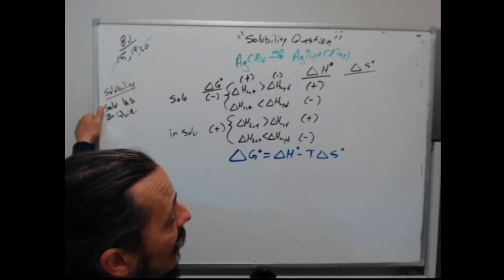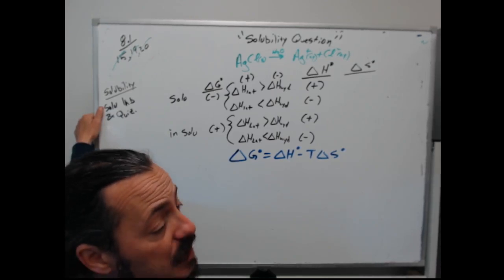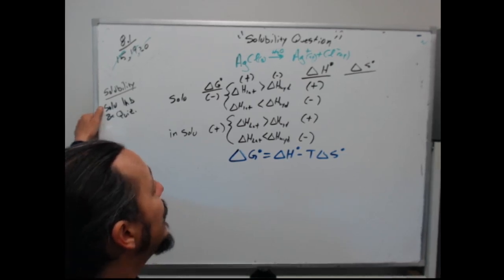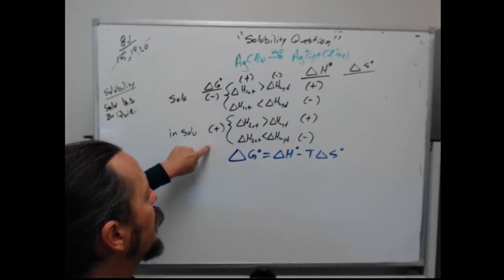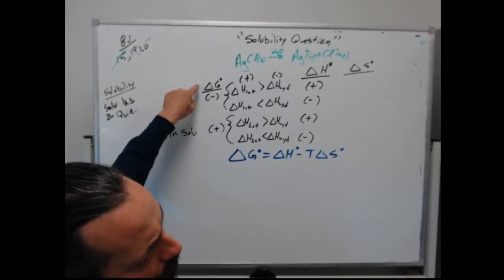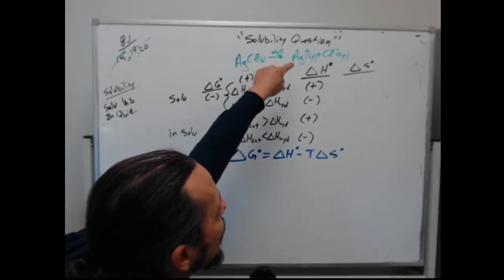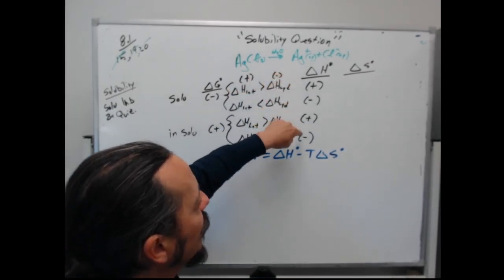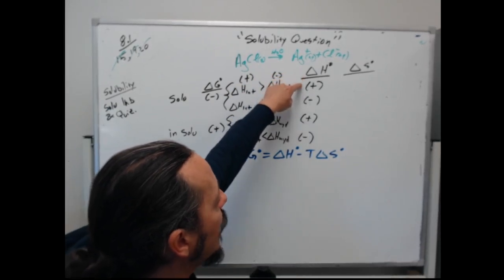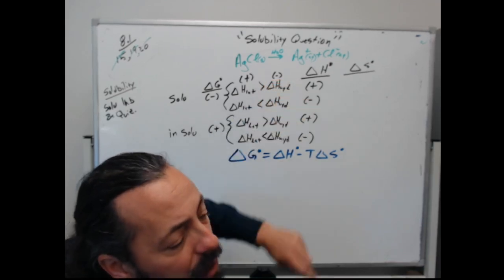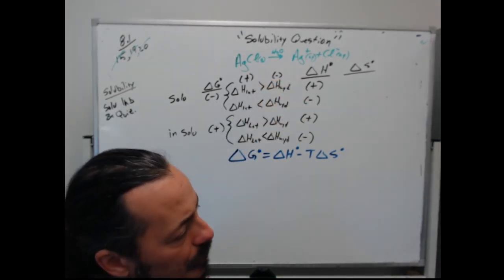We said it's actually really hard to get experimental data about delta S. It's pretty easy to get experimental data about delta G because the solid dissolves or doesn't dissolve, and we can just watch it happen. It's also pretty easy to get experimental information about delta H because the temperature goes down or goes up. It's exothermic or endothermic, and we can pretty easily see that temperature information.